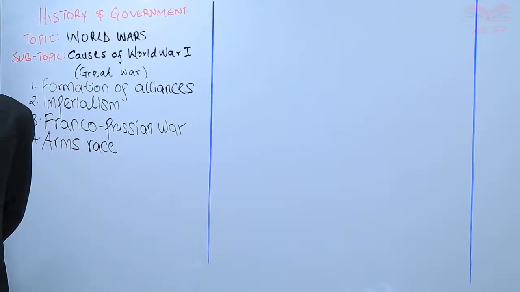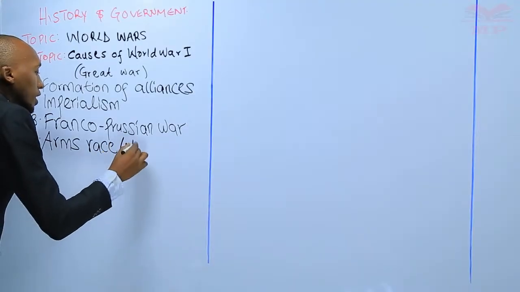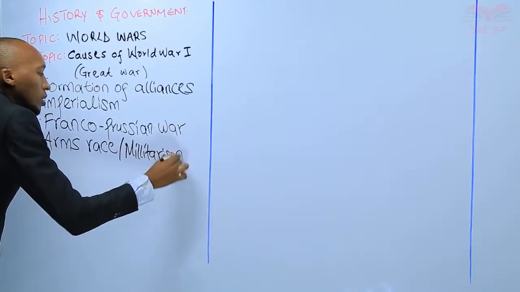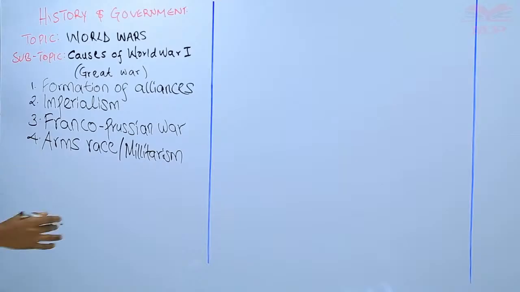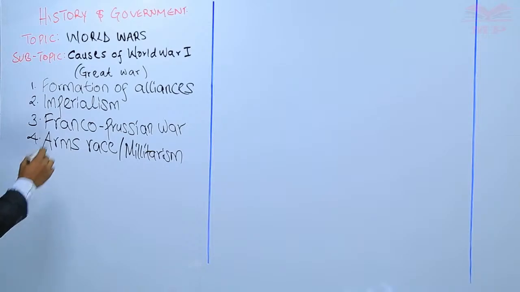Arms race, which is also referred to as militarism. Do not worry, my learner, we are going to discuss more so that you can understand what these terms mean. So we are just stating them, all of them, and then one by one we are going to discuss them.